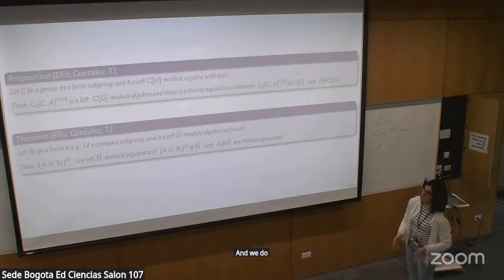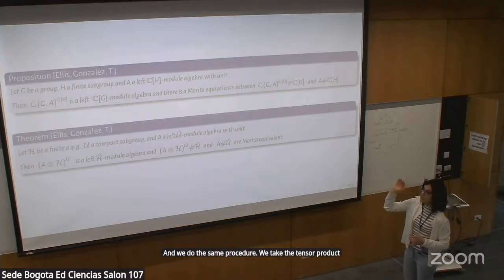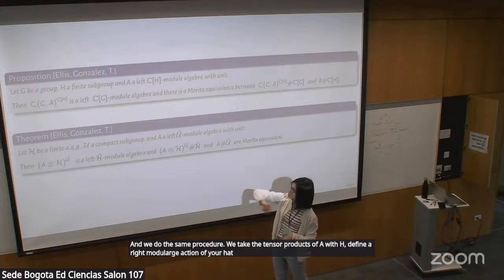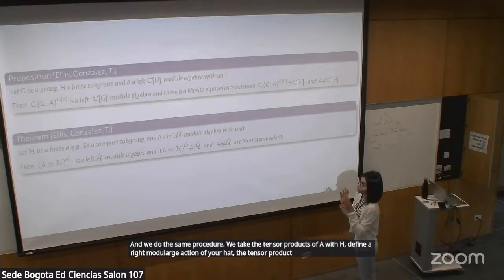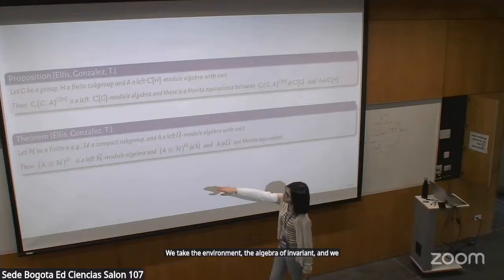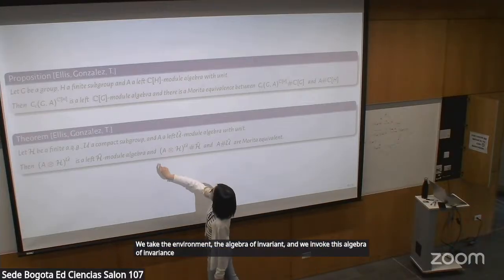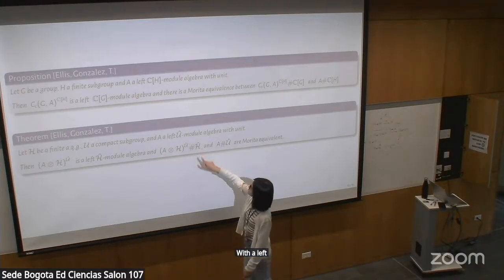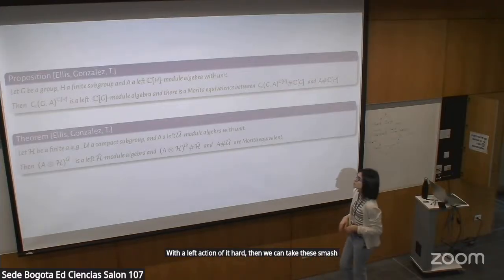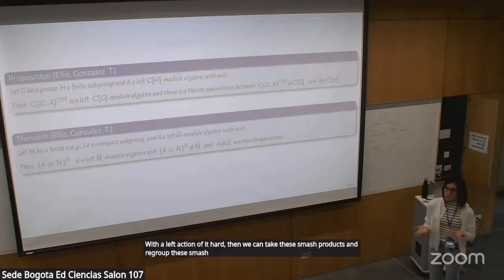We take the tensor product of A with H, define a right module algebra action of U hat on that tensor product. We take the invariants, the algebra of invariants, and we endow this algebra of invariants with a left action of H hat. Then we can take these smash products and we prove that these smash algebras are Morita equivalent.